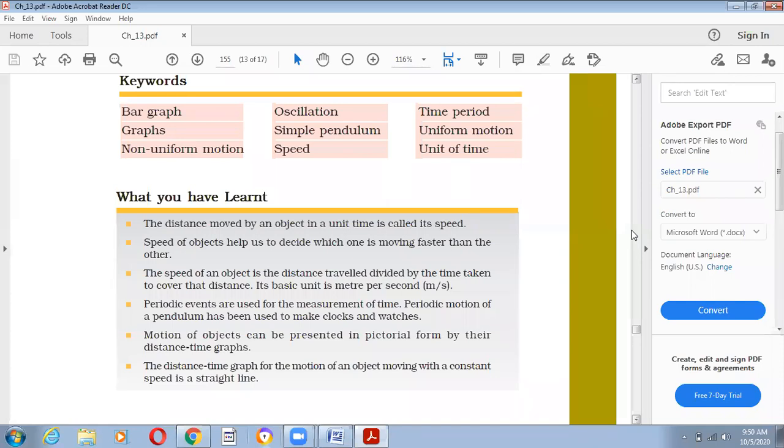The bar graph is just like a chart graph, we can say. Bar graphs are used to compare things between different groups or to track changes over time, like we discussed the distance, which changes over time. So that's why we can say this.